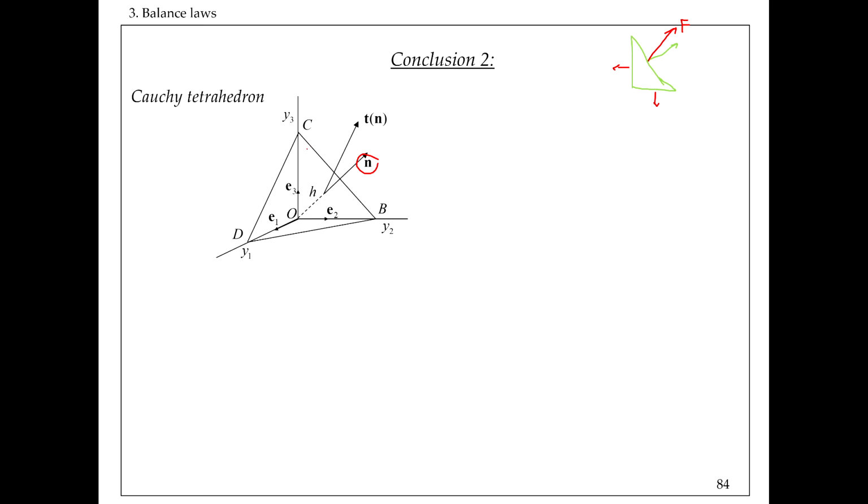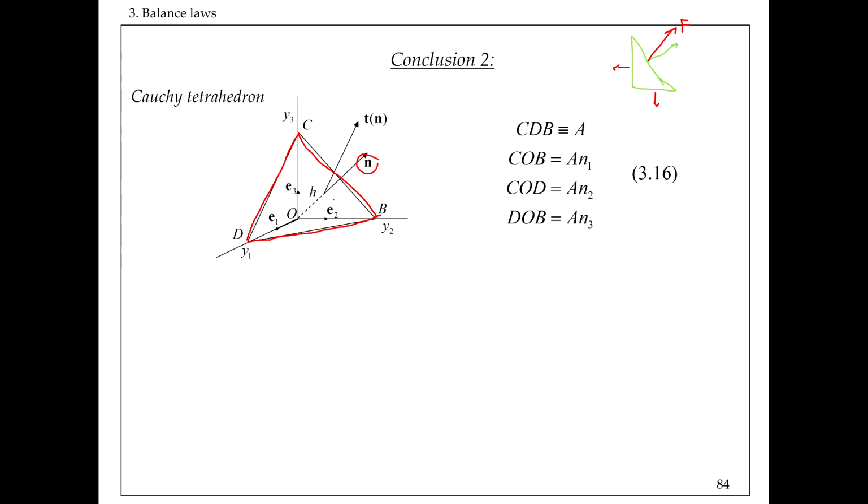Then we denote the area of that guy, CDB, as some known area that we can calculate if you like, and let's call it A. Then all of the other areas can be calculated as projections once we know the components of the normal n.